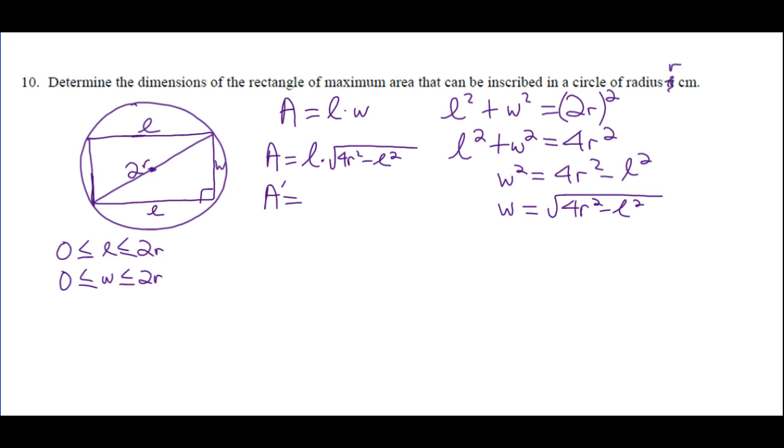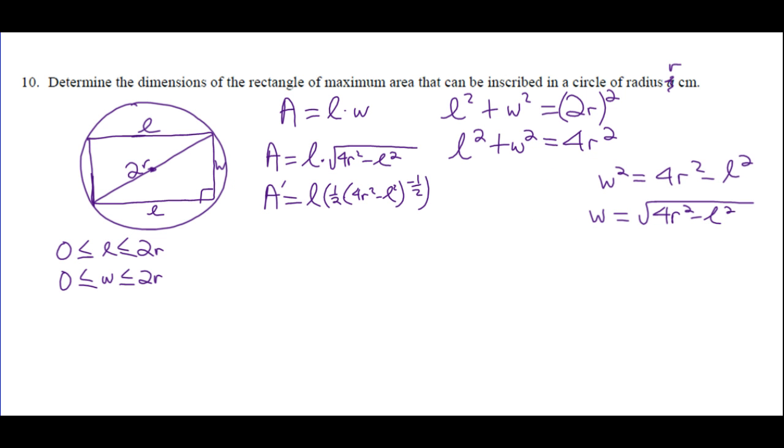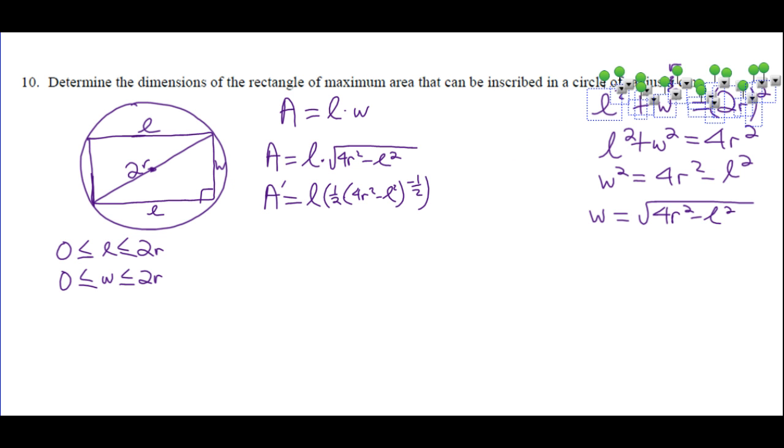It's L times the derivative of this, which would be 1/2 of 4R squared minus L squared to the negative 1/2, times, all right, what else do we have?